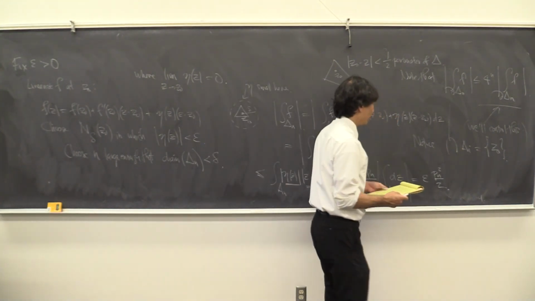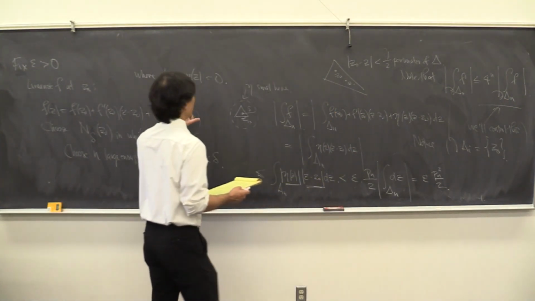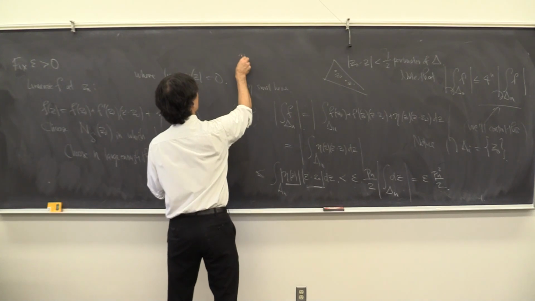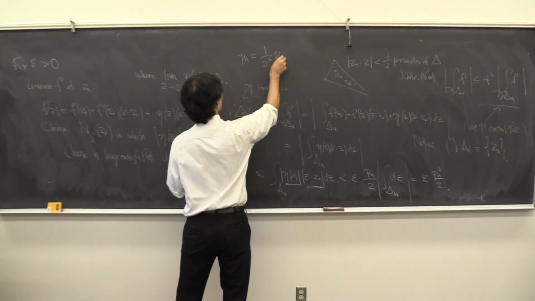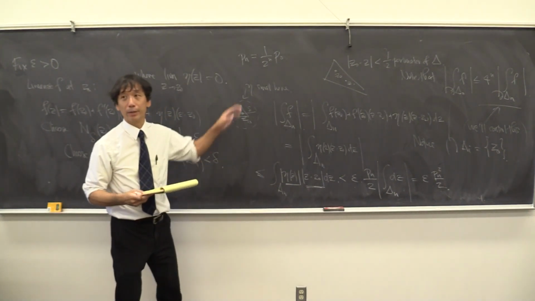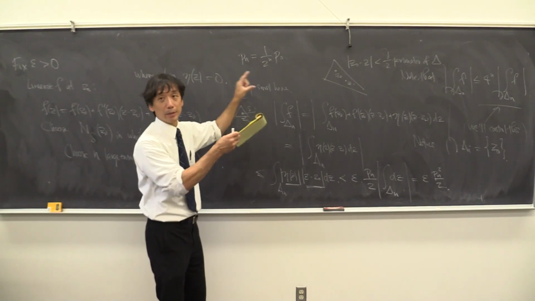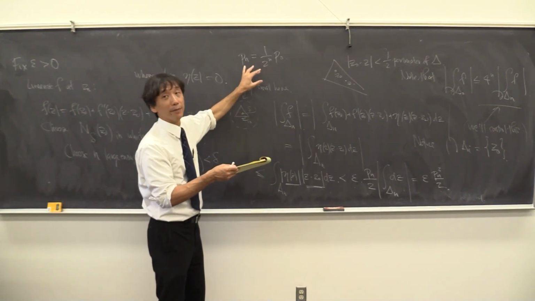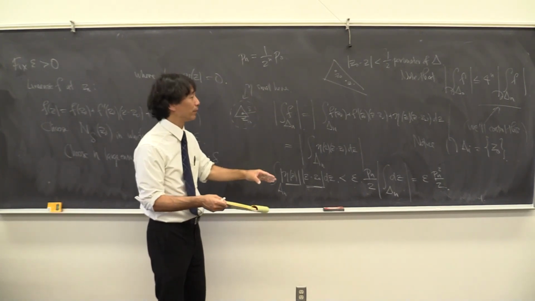Now, the perimeter of the nth triangle is equal to 1 over 2 to the n times the perimeter of the zeroth triangle, right? Because at every point we took this dyadic subdivision. So at every stage, you decrease the perimeter by half.